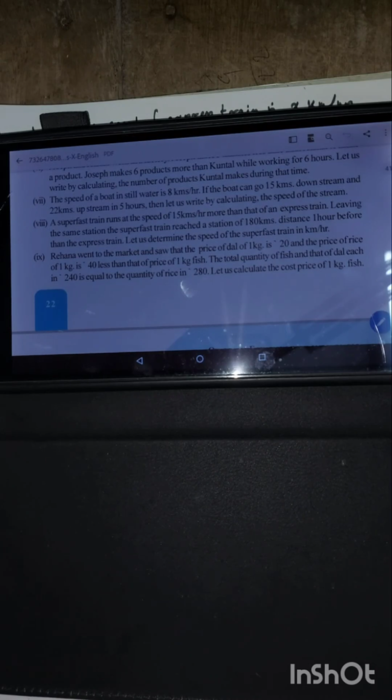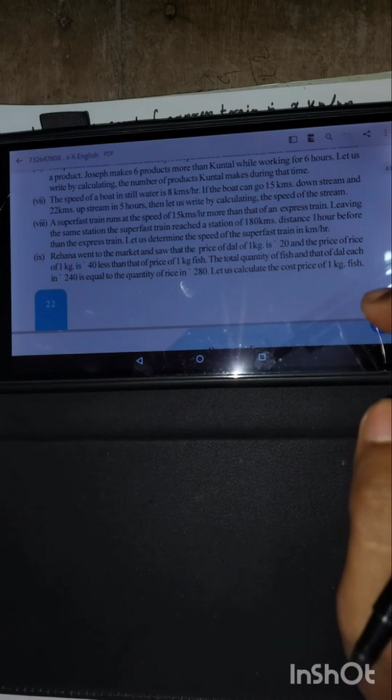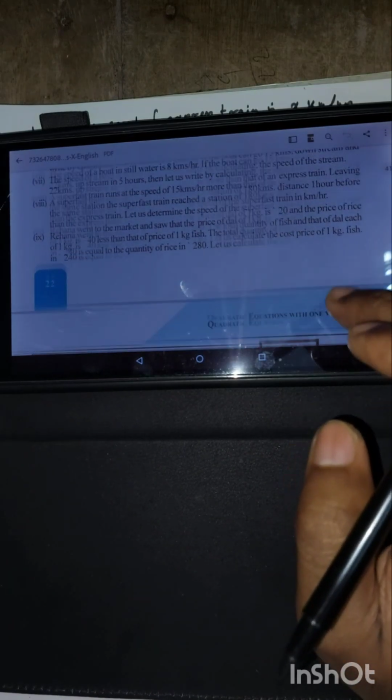The total quantity of fish and that of dal each in rupees 240 is equal to the quantity of rice in rupees 280. Let us calculate the cost of the price of 1 kg fish.